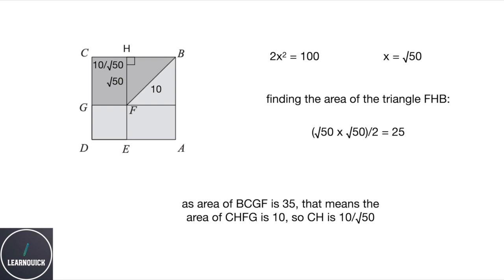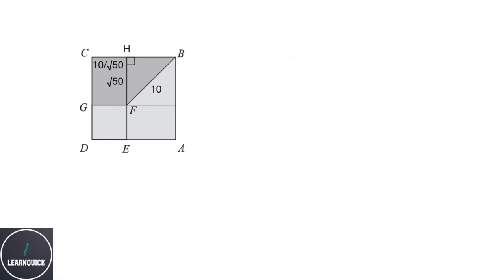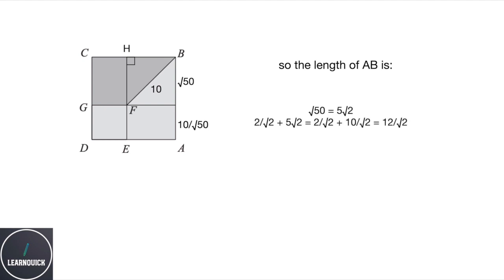Now, as the trapezium FGCB is the same as FBAE, we can move those measurements to the other sides. And now we have something for AB. So the length of AB is 10 over square root of 50 plus square root of 50.